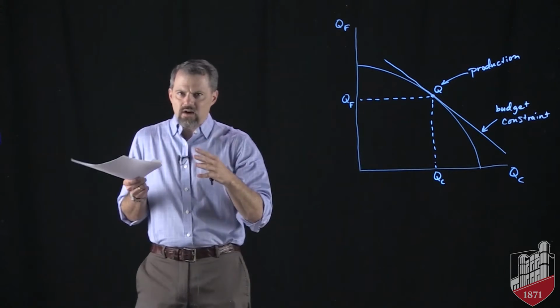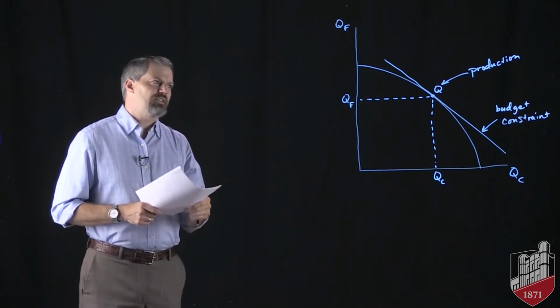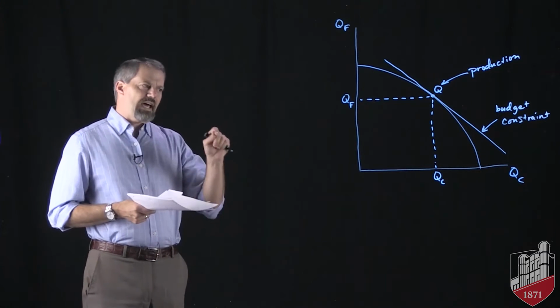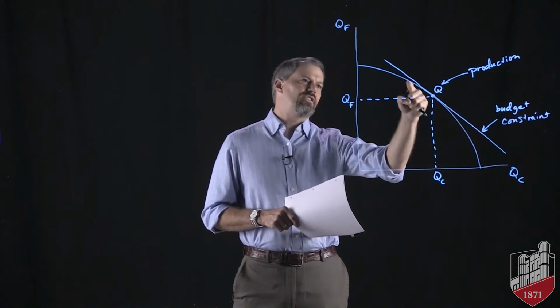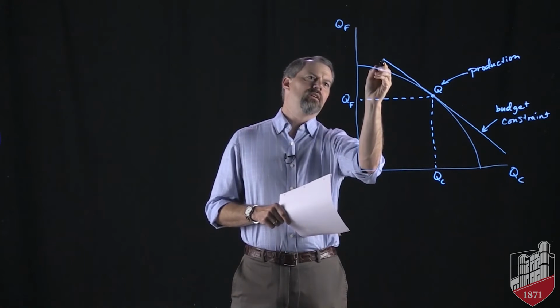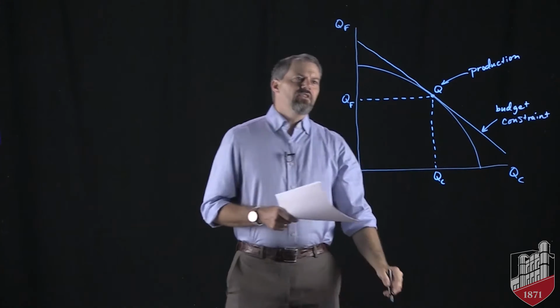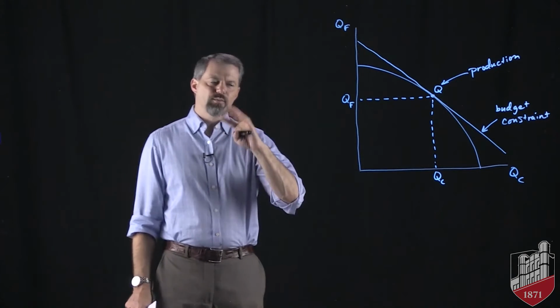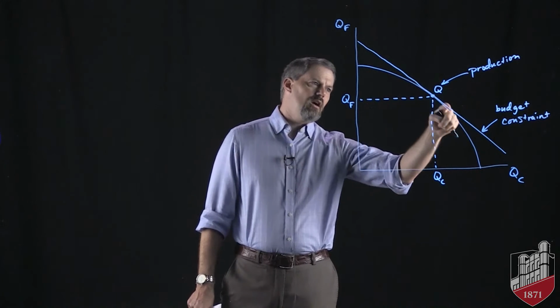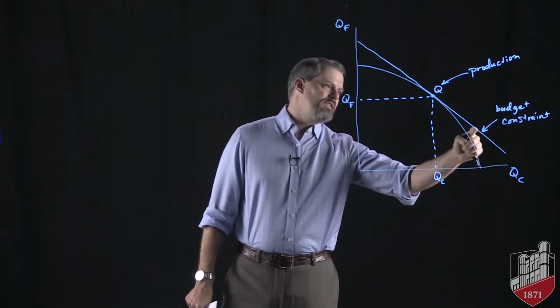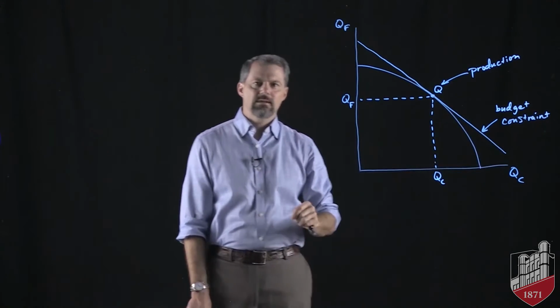If you haven't, let's talk about it. If you haven't had your intermediate micro class yet, that's fine. What's going to happen here is that this line represents all of the possible consumption bundles. I'm going to extend it up here. So consumers in this economy can consume any of the bundles on or inside this iso-value line. Okay.